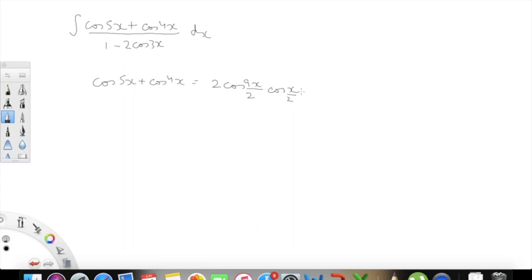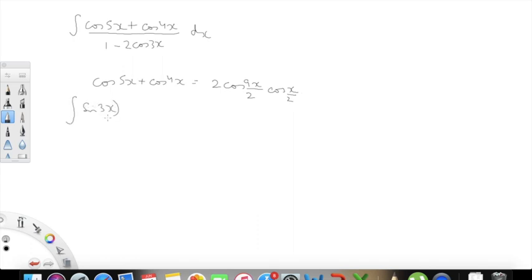So what exactly can we do? Can we change the cosine in the denominator? When you're not getting anywhere with the question, the question challenges you, and this is the solution we have to go about.